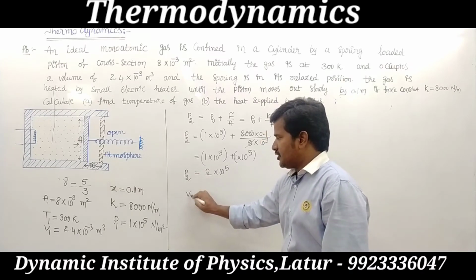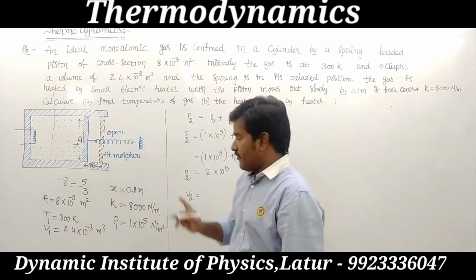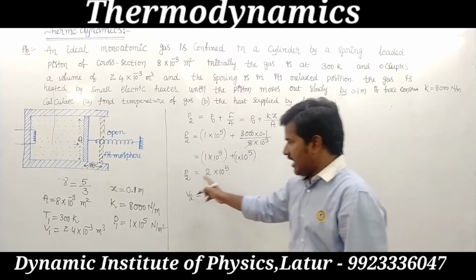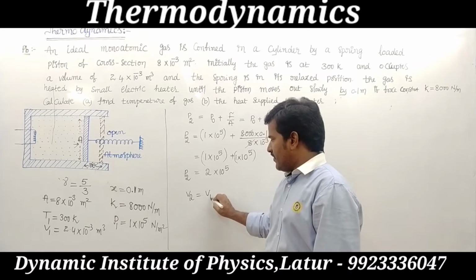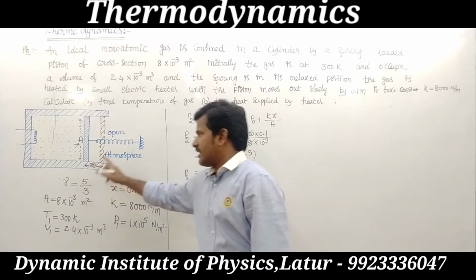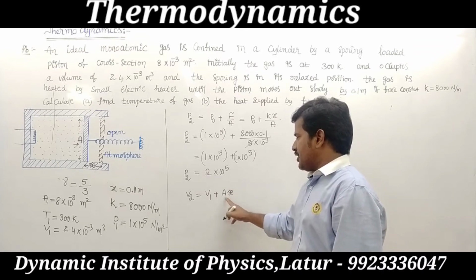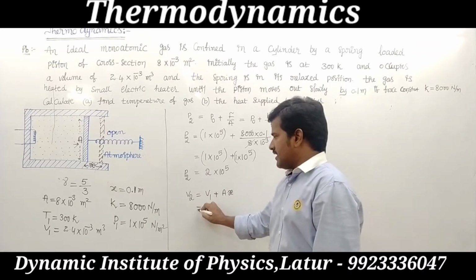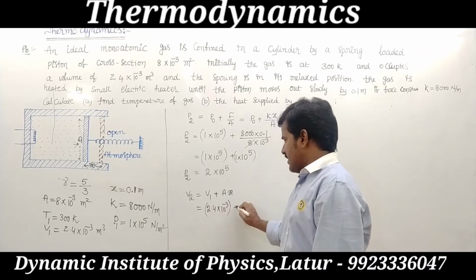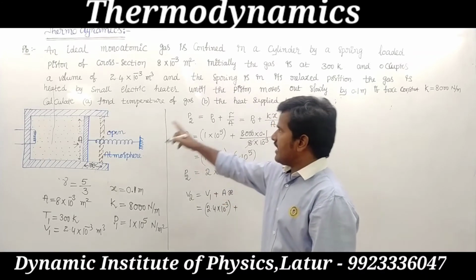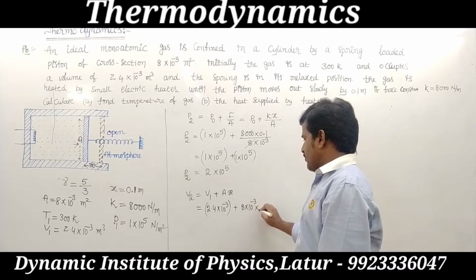And again, V2 volume. The gas expands, then the volume becomes V2. The volume is the initial volume V1 plus the increase in volume, which is A into x, area of cross section into displacement. So V2 is 2.4 into 10 power minus 3 plus 8 into 10 power minus 3 into 0.1.